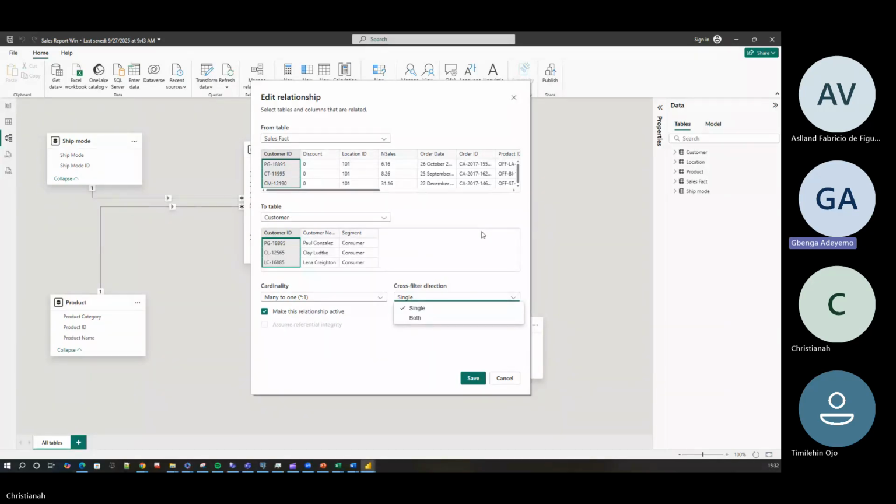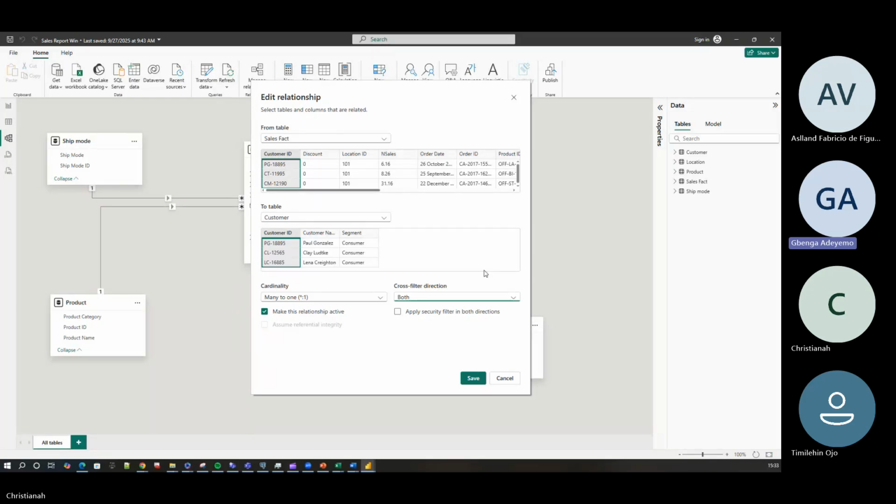Number two, it doesn't even make any sense to have both filter direction in a star schema structure, and it might even cause some complications. So put it on both and let's see how it appears. Sometimes we also use both when we are trying to do what we call row level security, which I don't know if we are going to be able to cover before the end of the boot camp, but let's see how it goes.